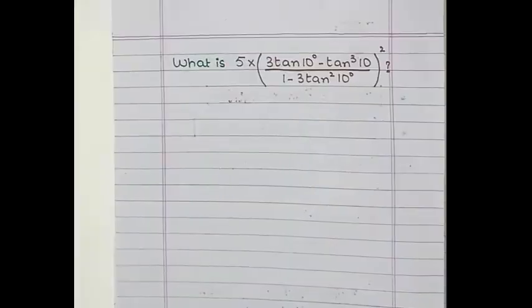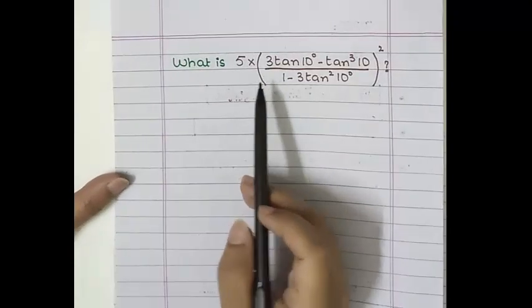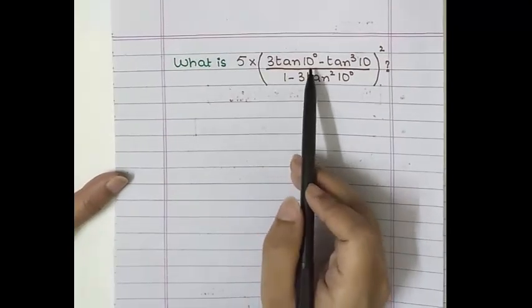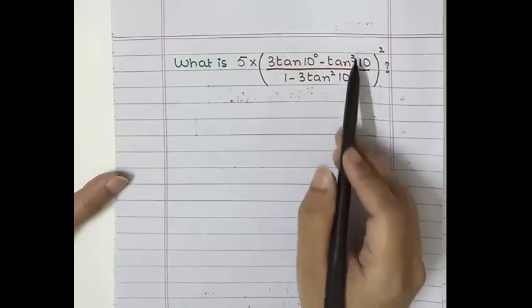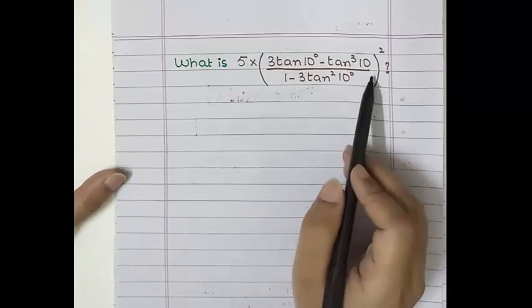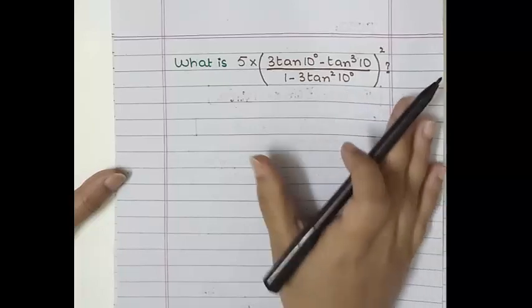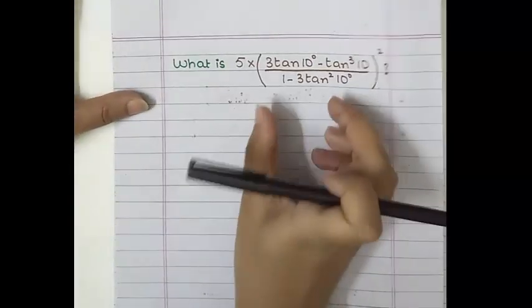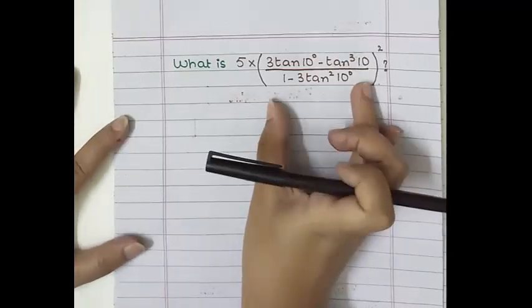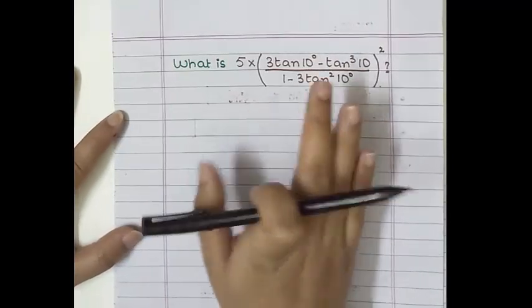So the next question we have is, what is the value of 5 multiplied by 3 tan 10 degrees minus tan cube 10 degrees divided by 1 minus 3 tan square 10 degrees, right? So as we know, this is an expression for the triple angle of tan.